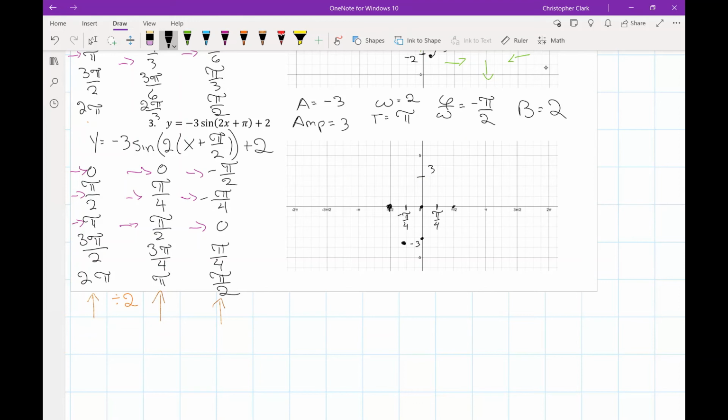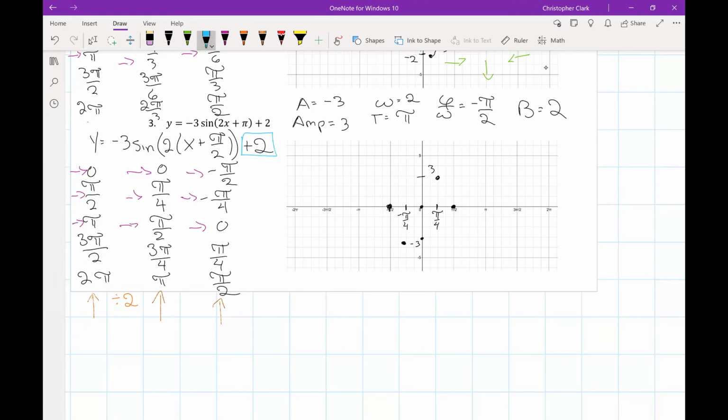Normally at 3 pi over 2, we're at -1, but because it's -3, we're going to flip it and then multiply it by 3. So we are at +3, and then at 2 pi, we're back at 0, and that has been transformed into pi over 2, so we're back at 0. So this is what it looks like without the +2.